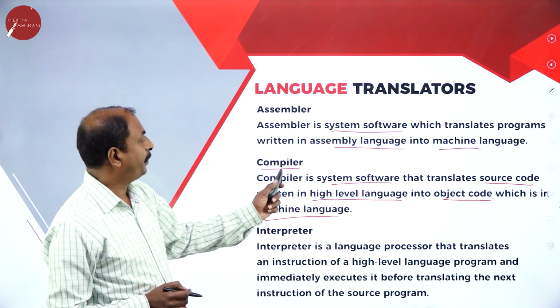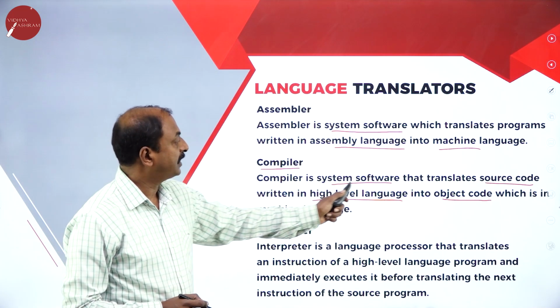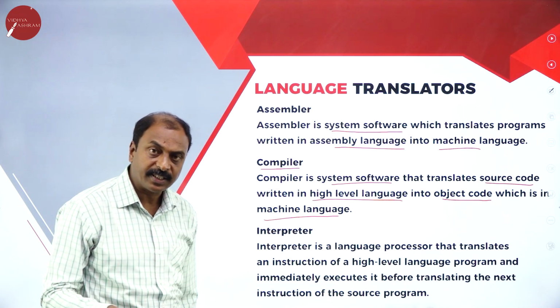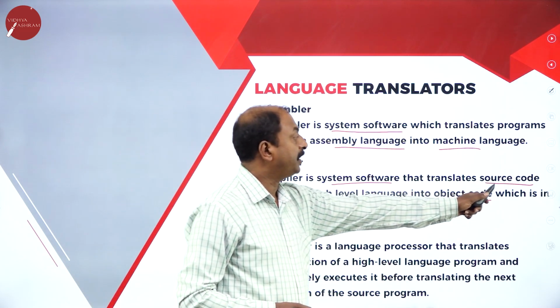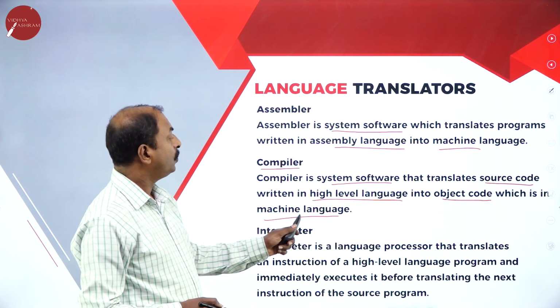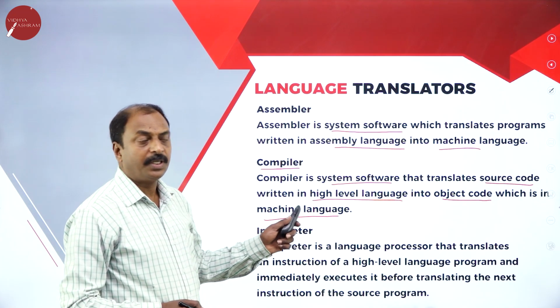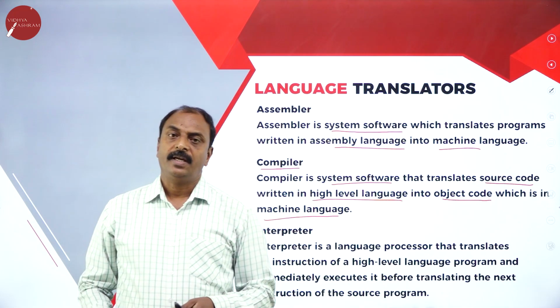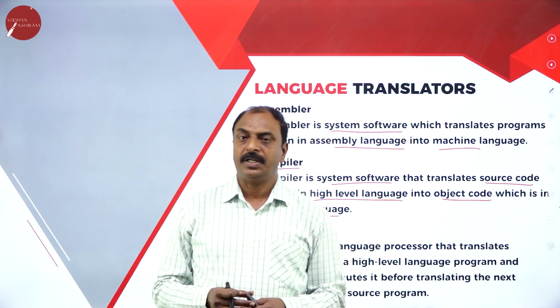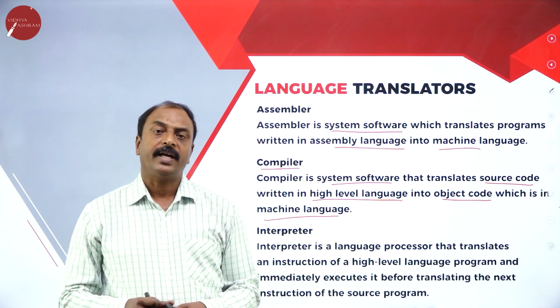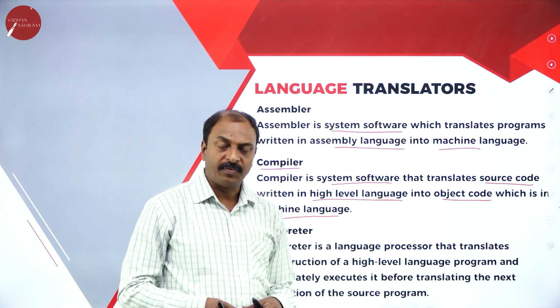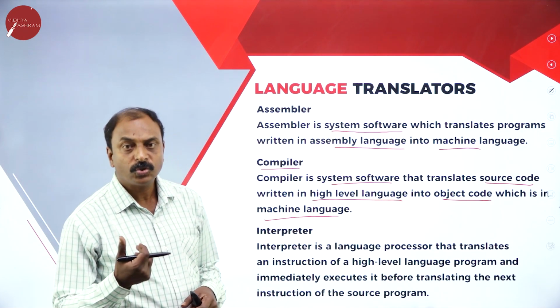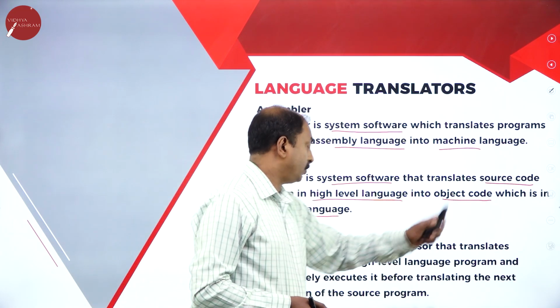So what is a compiler? A compiler is a system software used to translate programs written in high level language into machine level language. Source code is the programs written in any high level language, and after translating the high level language into machine level language, those codes are called object code.